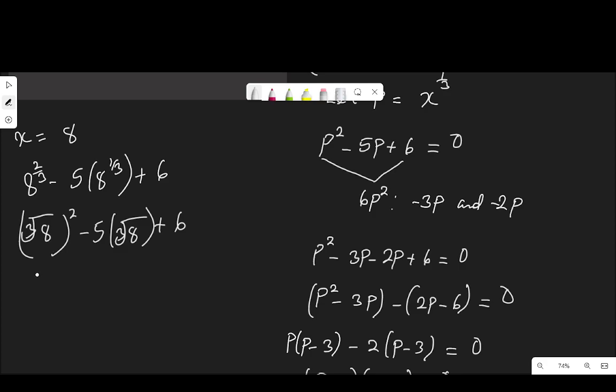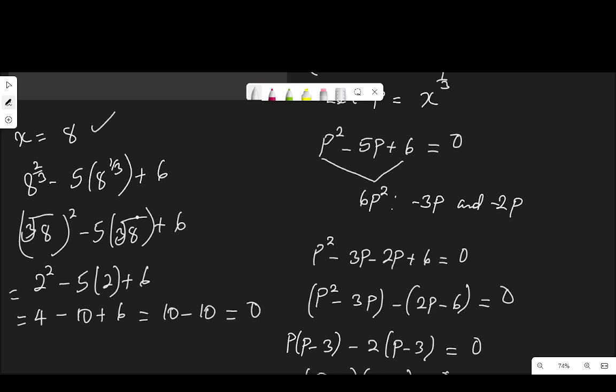So 2 to the power of 2 minus 5 times, again, the cube root of 8, that's 2, and plus 6. 2 to the power of 2 is 4, and then 5 times 2 is 10, plus 6. Let's take the positives together. 4 plus 6 is 10, and 10 minus 10 is 0. So x equal to 8 satisfies the equation.